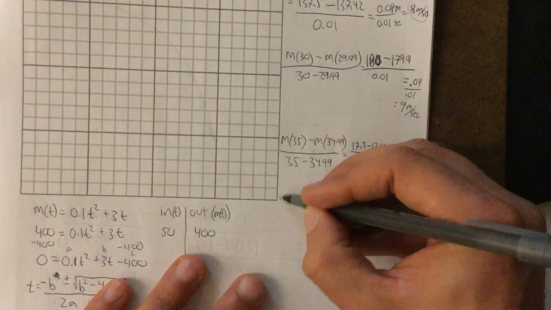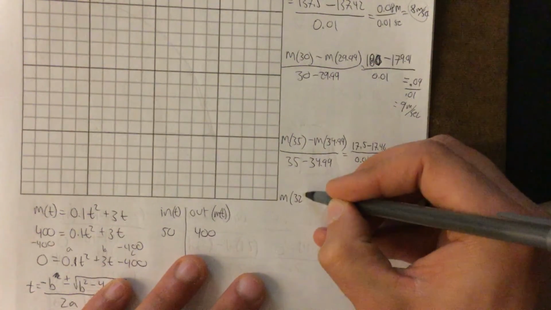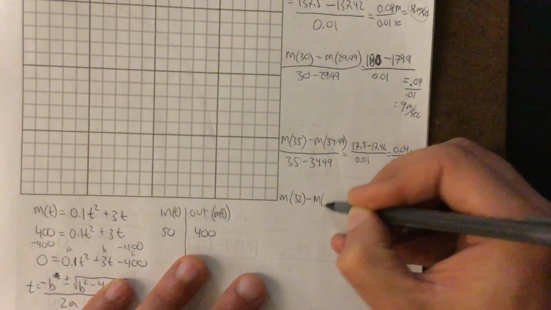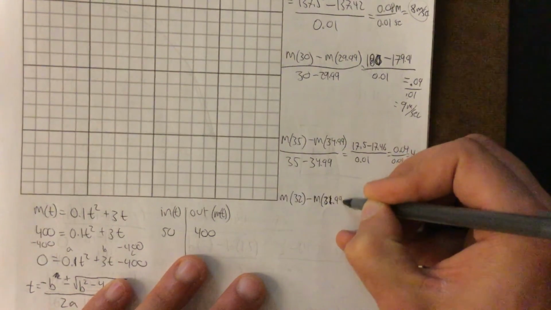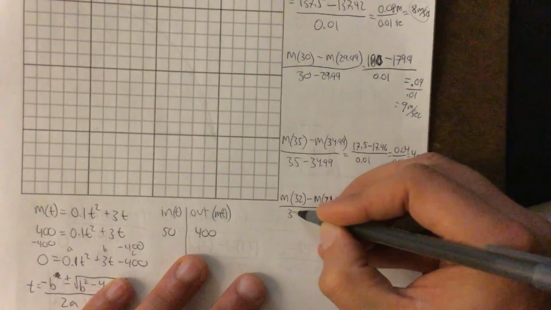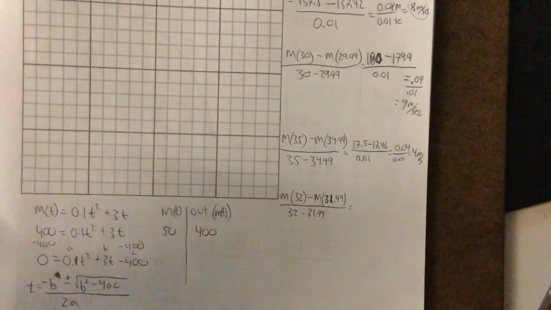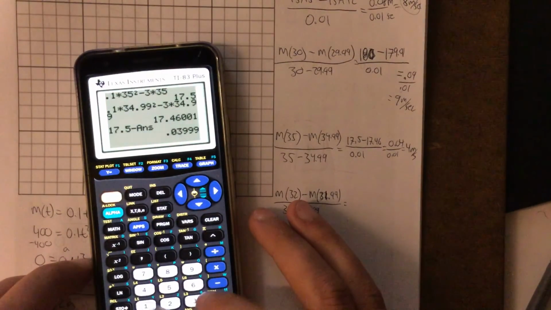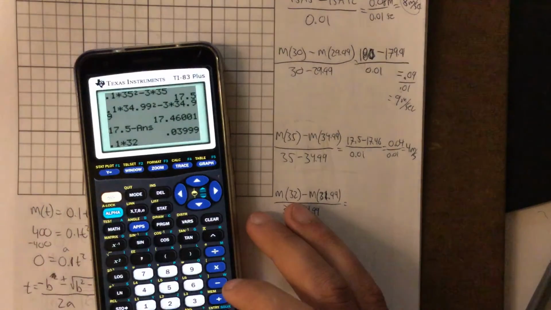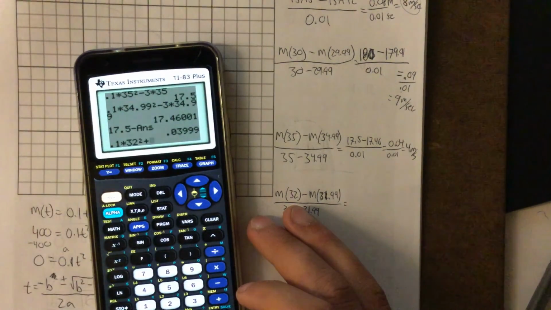Okay, so let's try m of 32. 31.99 divided by 32 minus 31.99, and that's going to equal 0.1 times 32 squared plus, oh, did I do minus earlier?